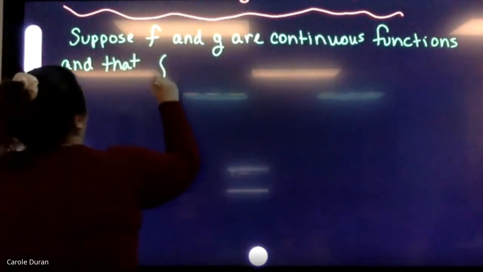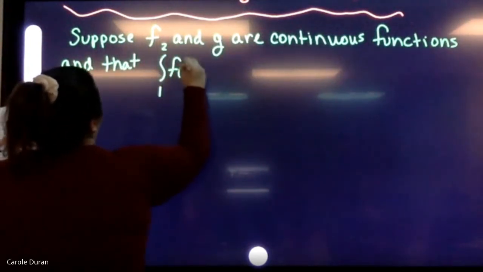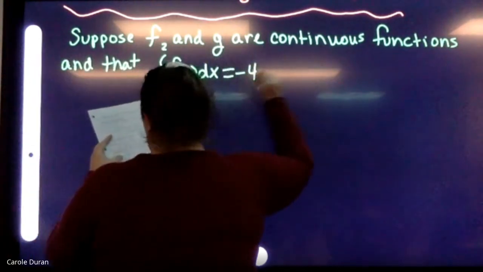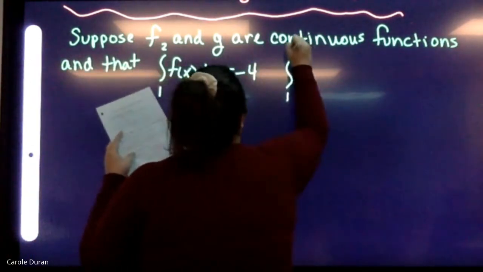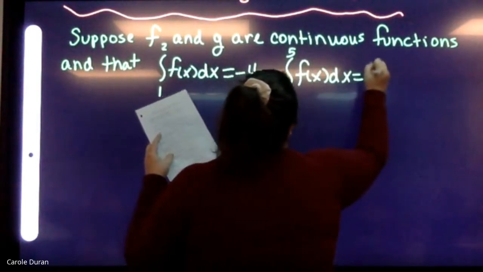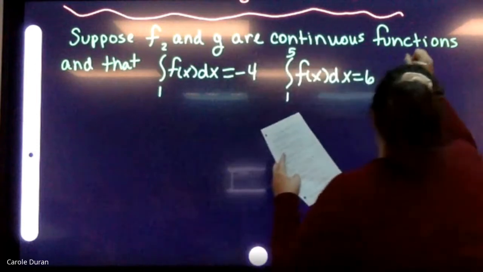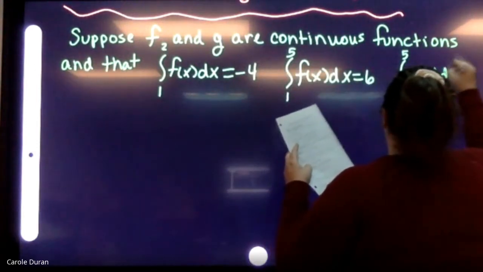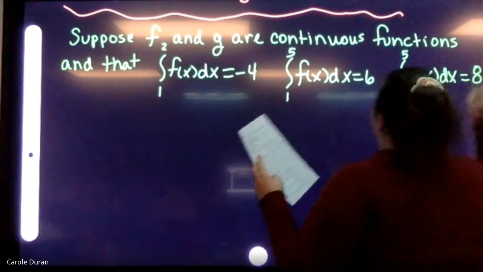And that the integral from 1 to 2 of f of x dx is equal to -4. The integral from 1 to 5 of f of x dx is equal to 6. And the integral from 1 to 5 of g of x dx is equal to 8.